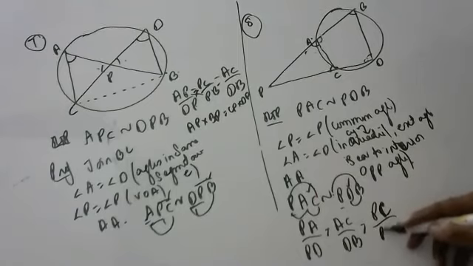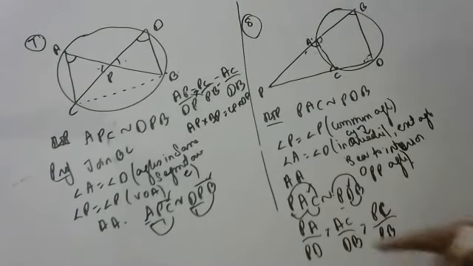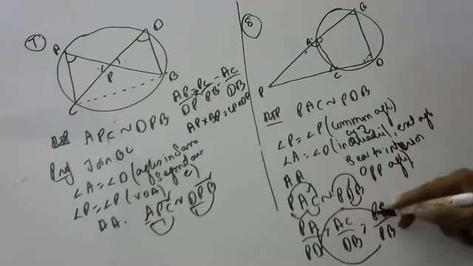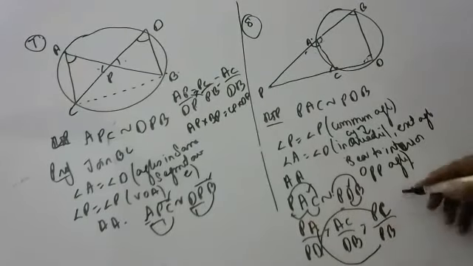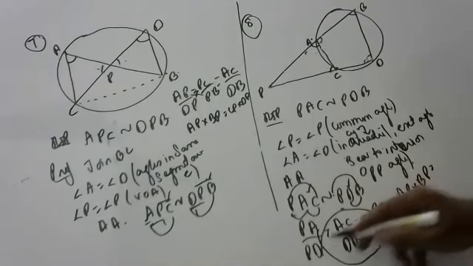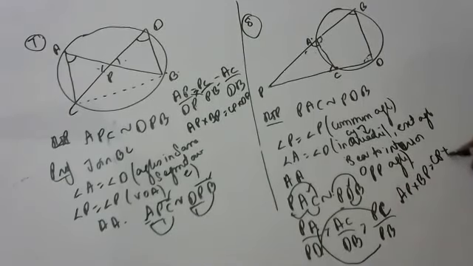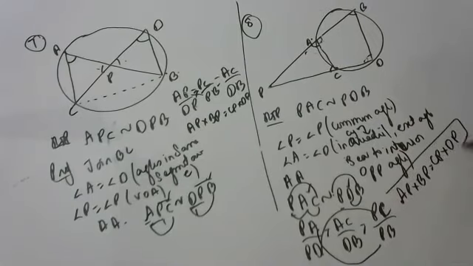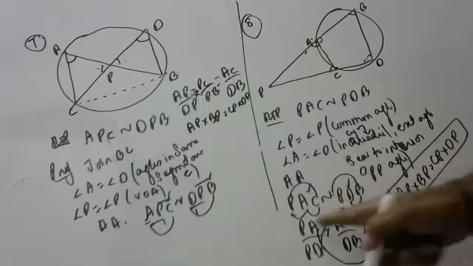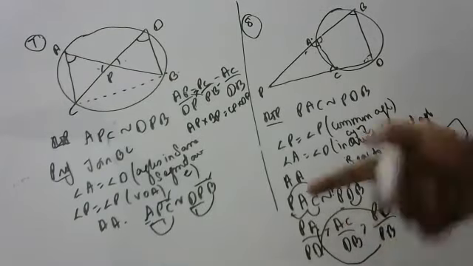PC by PB means AP into BP is equal to CP into DP, by cross multiplication. That's it.